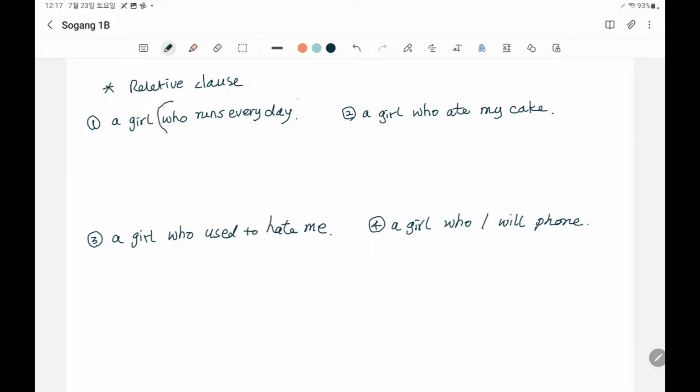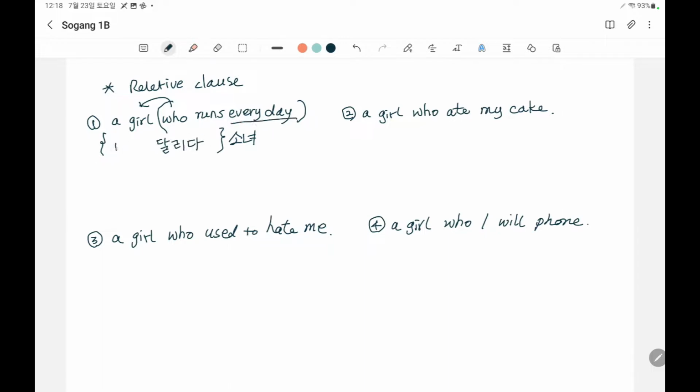So, who runs every day, this whole clause modifies a girl. How do you say in Korean? You need 소녀, and the modifying part is supposed to be located in front of the noun, okay? 자, who runs every day? Start from the base form. 자, 달리다 있네요. 달리다.